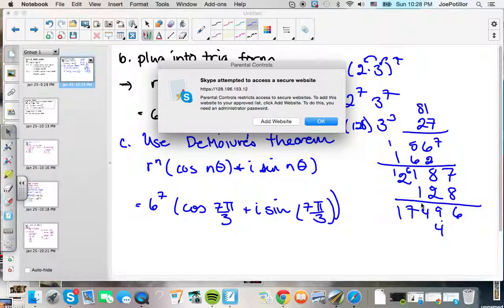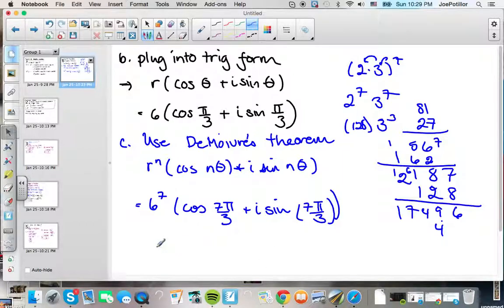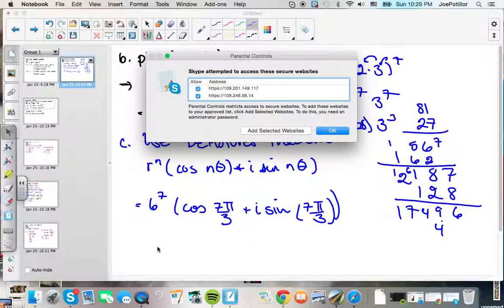So, therefore, 6 to the 7th power is a hideous ugly number. You can leave it like this.